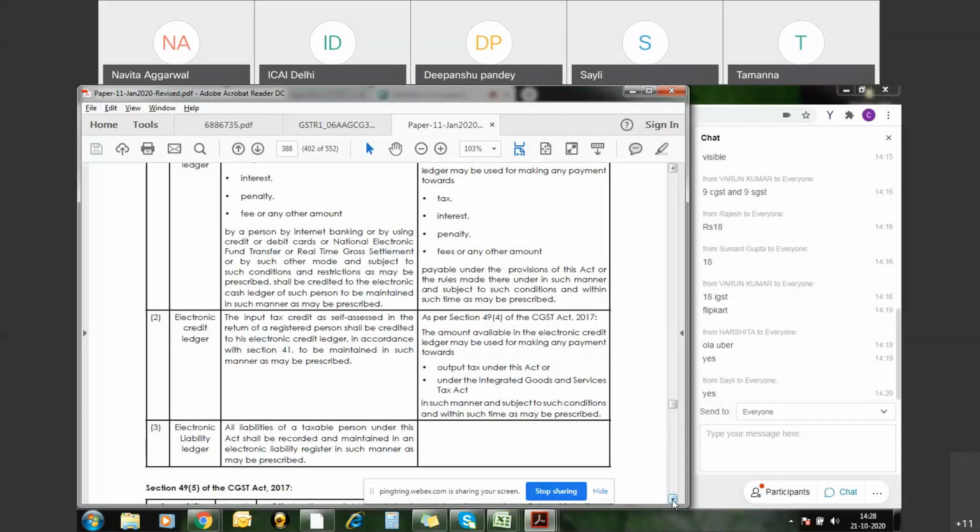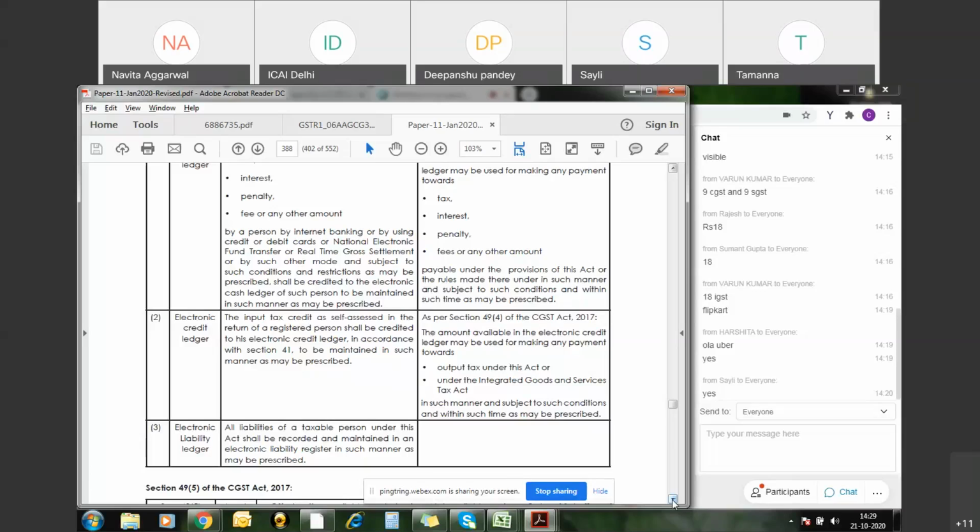That is what is stated here: the input tax credit as self-assessed in the return of a registered person shall be credited to his credit ledger in accordance with section 41, to be maintained in such manner as may be prescribed. As soon as A uploads its report, B will see what ITC is available to him, and B, maintaining his books of accounts, can reconcile and self-assess the final amount of ITC they can claim against the outward liability.